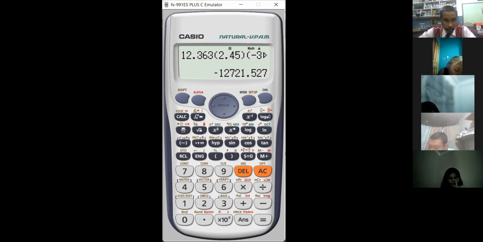So what is the unit of this? The answer is 12,721. We need to divide this by 1 million because we have times 10 to the negative 6. Let us divide this by 1 million, and that is the correct answer in inches.